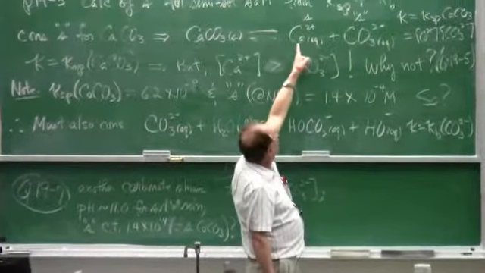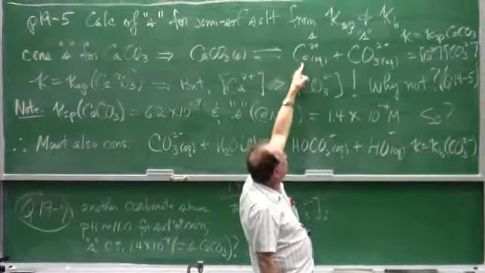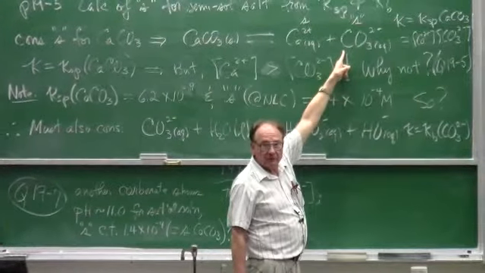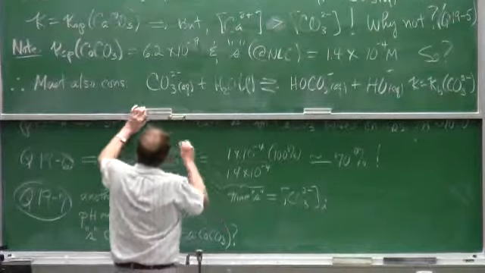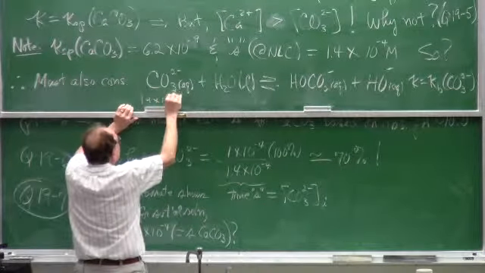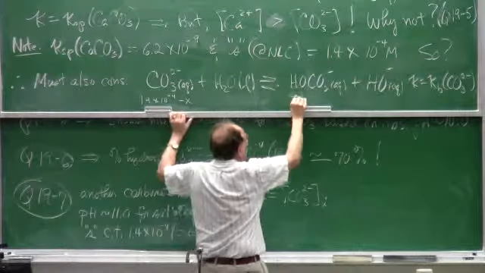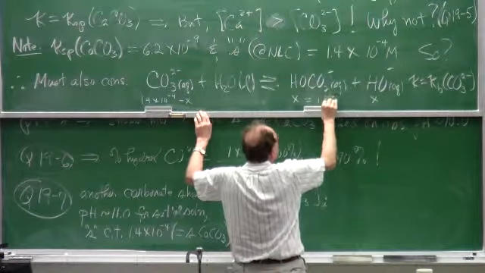Establishment of this equilibrium generates a calcium ion molarity of 1.4 times 10 to the minus 4 and an initial carbonate ion molarity of 1.4 times 10 to the minus 4. But the carbonate ion doesn't sit there. It's 1.4 times 10 to the minus 4 minus x, where x is this, and x is this, and x is equal to 1 times 10 to the minus 4.